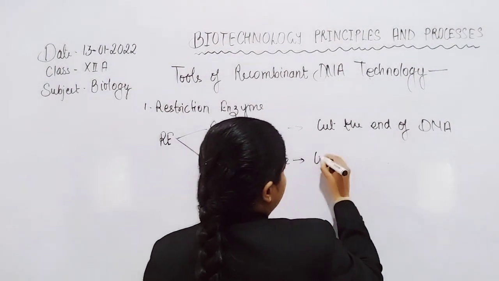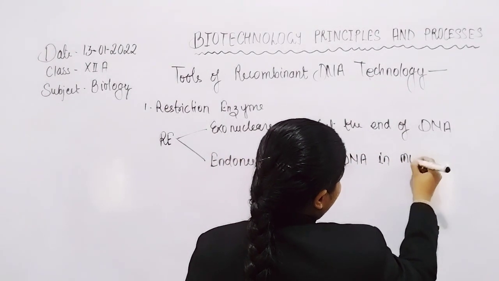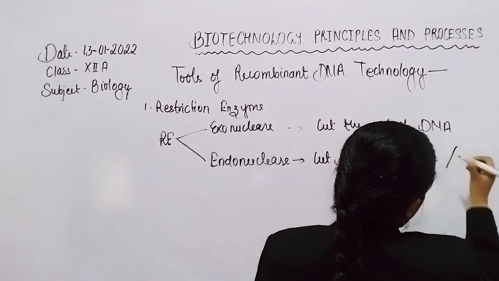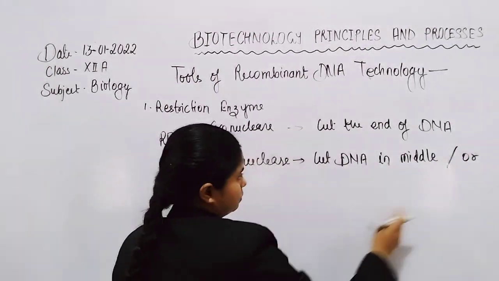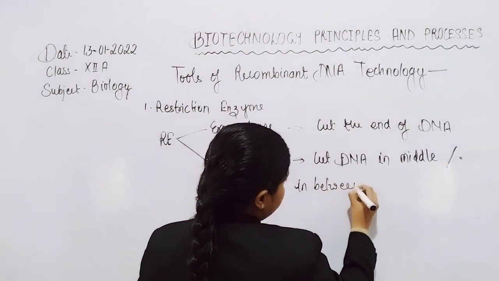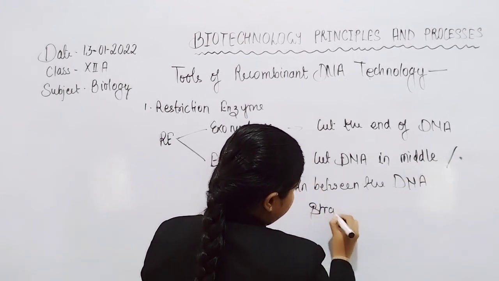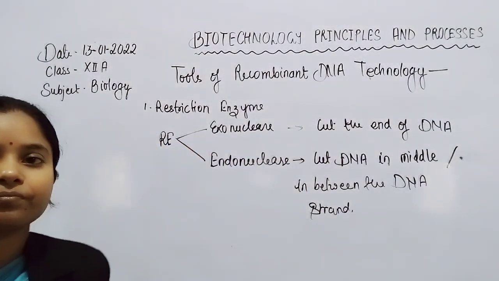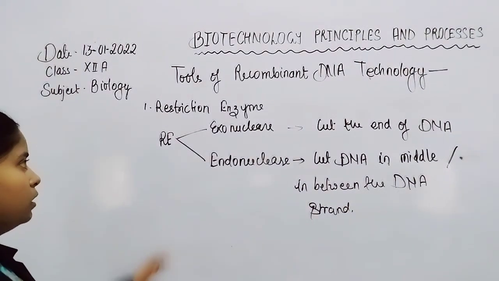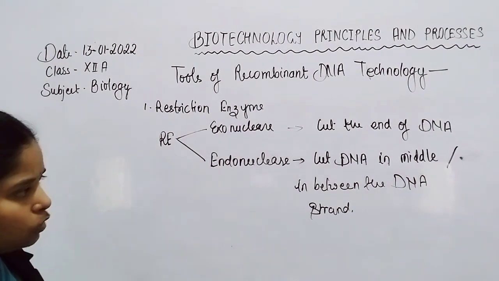So endonuclease cuts the DNA in the middle, in between the DNA strand. It is important to know how restriction enzymes work. The endonucleases are of two types.